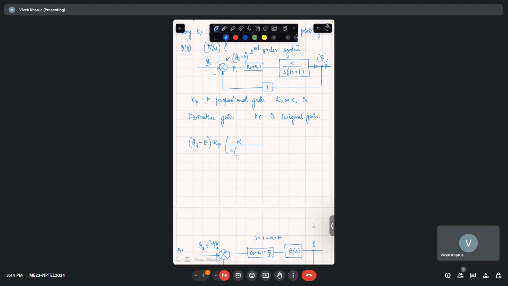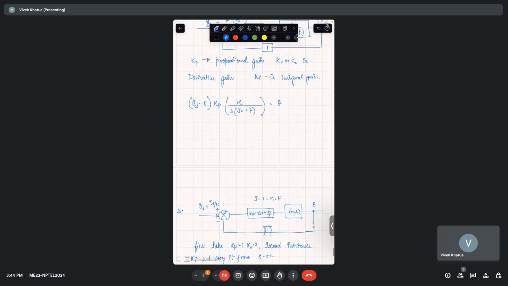divided by s(Js plus F) equals theta. So now we'll take theta all onto one side and keep theta d on the other, so that we can take a ratio.